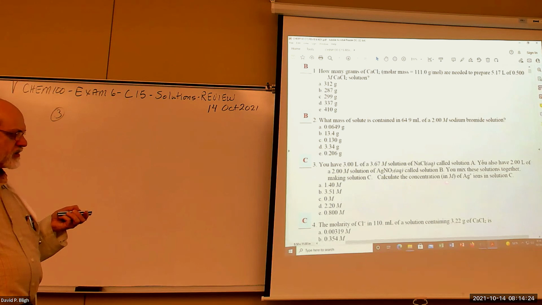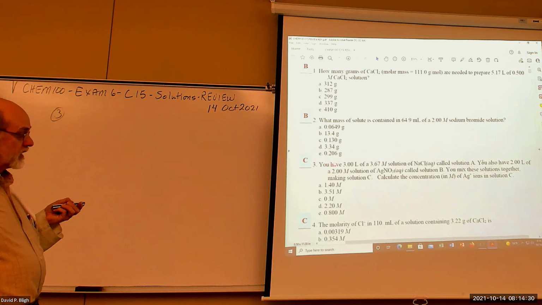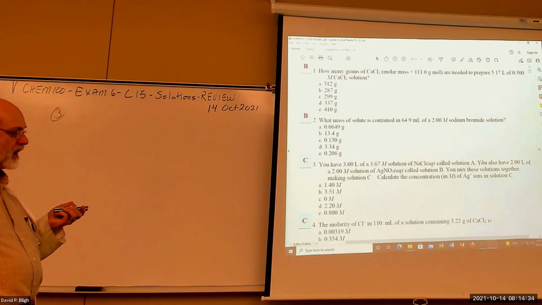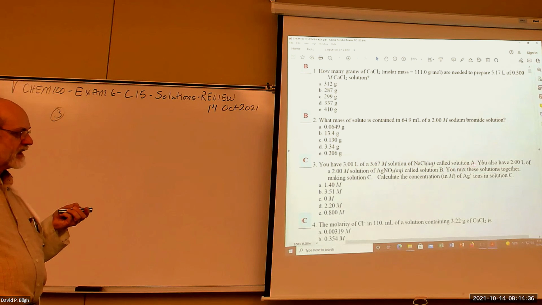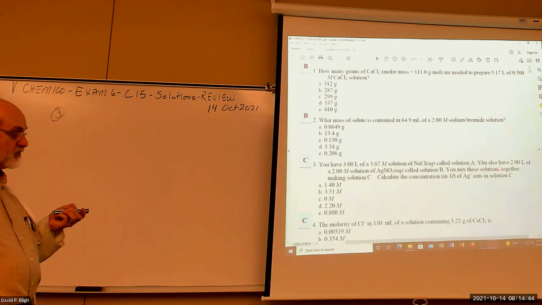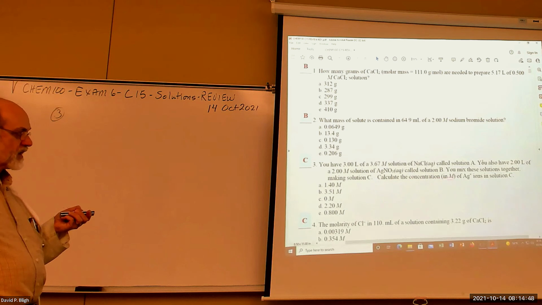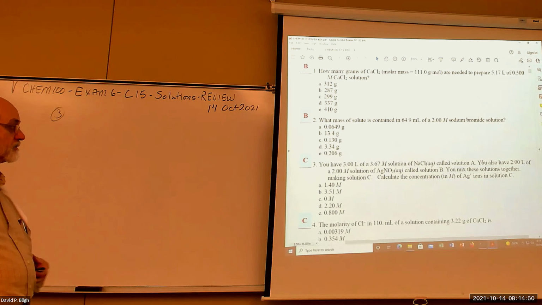Calculate the concentration of silver ions in solution C. Okay, so what are we doing? 3 liters of 3.67 molar sodium chloride, that's solution A, and 2 liters of 2 molar silver nitrate solution, solution B. You mix those together to make solution C. What's the concentration of silver ions in solution?